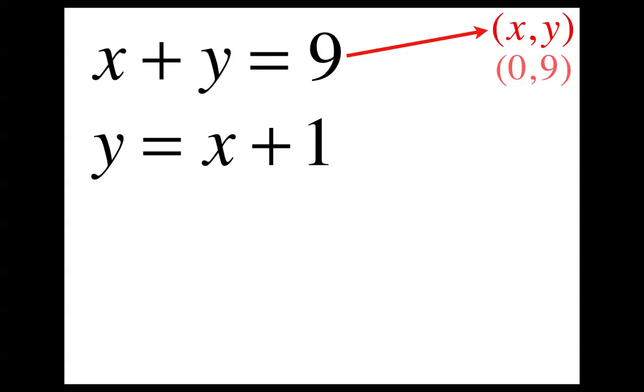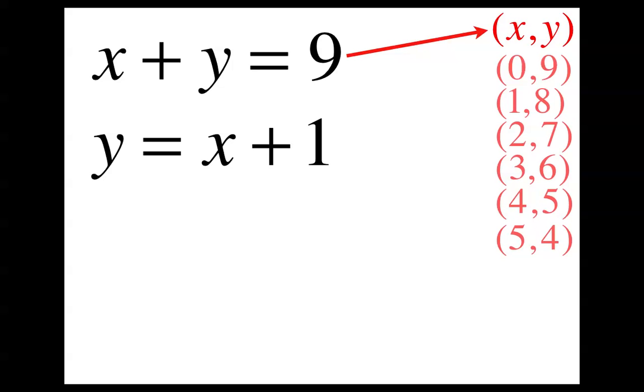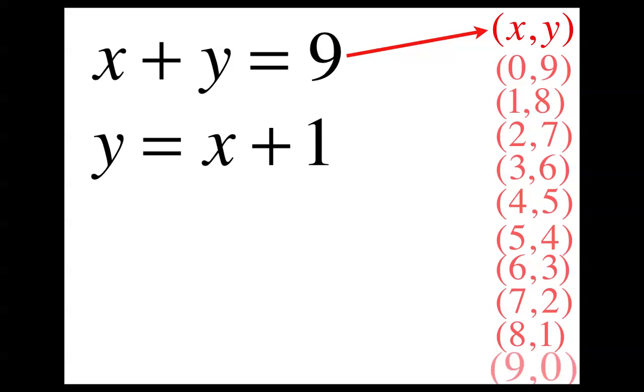Because wouldn't that add up to 9? Well, doesn't 1 and 8 also add up to 9? And 2 and 7? That the x is the 5 and the y is the 4? Could be 6 and 3, could be 7 and 2, could be 8 and 1, could be 9 and 0, and we just finished, oh no, wait. There could be even a whole bunch more than that, because what about negatives? Couldn't it be 10 and negative 1 to add up to 9?